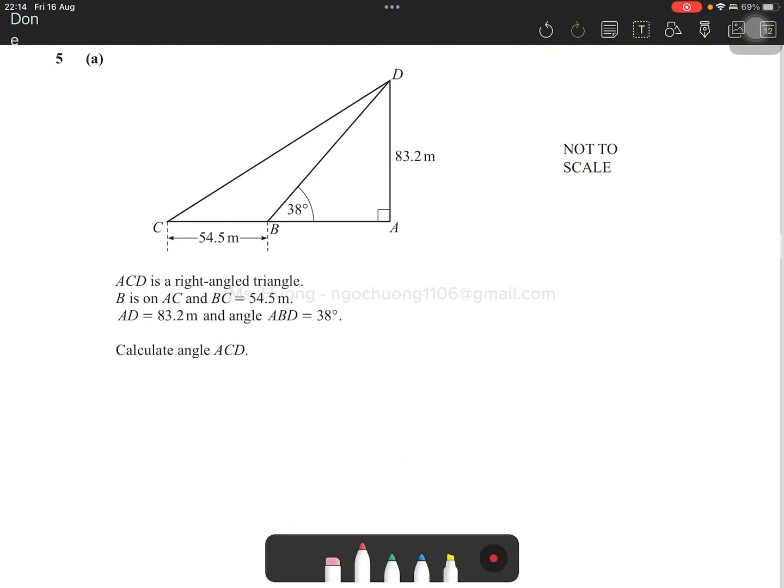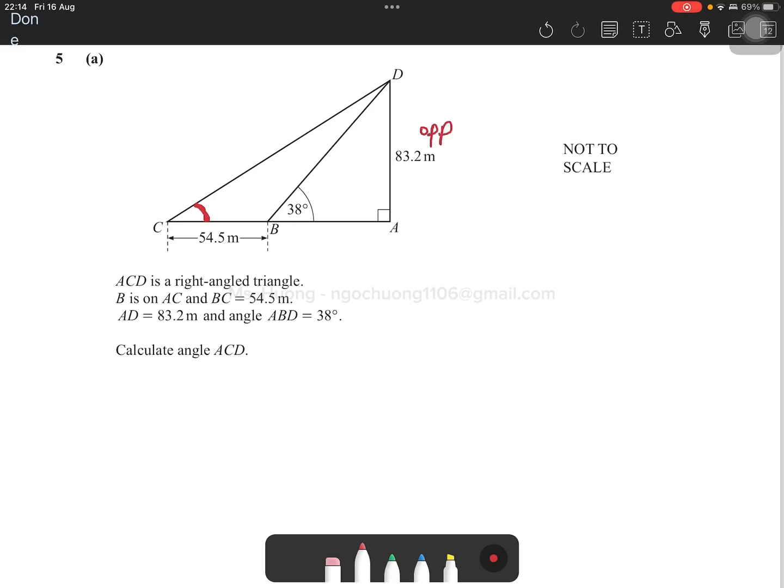Question 5a. ACD is a right angle triangle. B is on AC and BC is 54.5 meters. AD is 83.2 meters and angle ABD is 38 degrees. Calculate the angle ACD. ACD is this red angle. To find this angle, we see that AD is opposite to that angle.